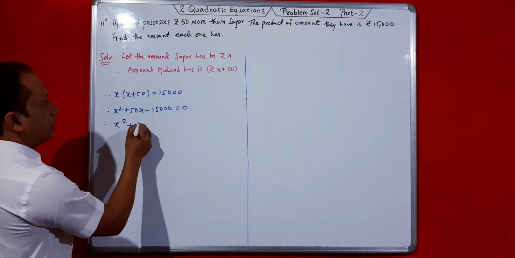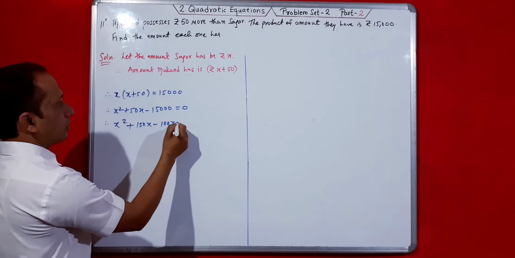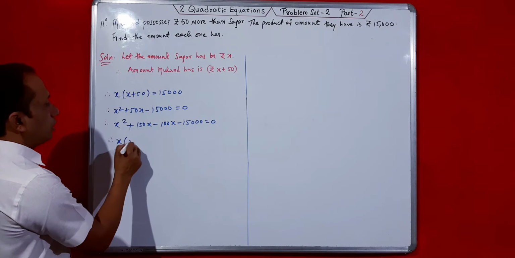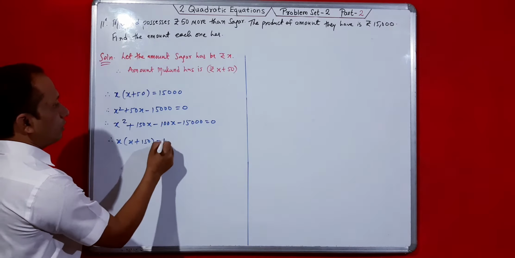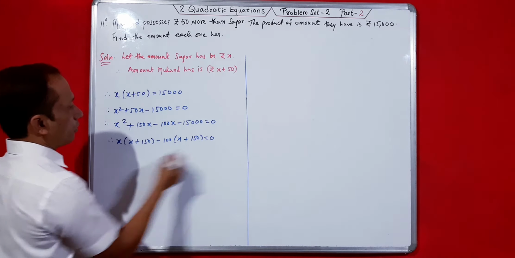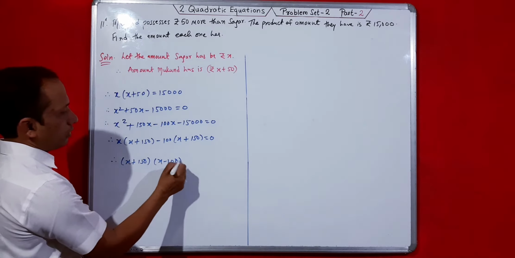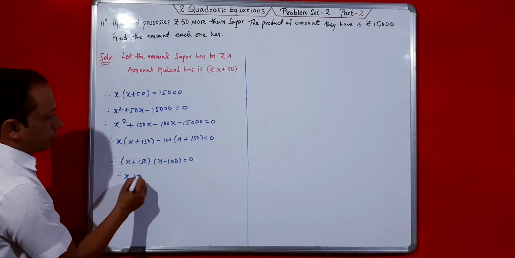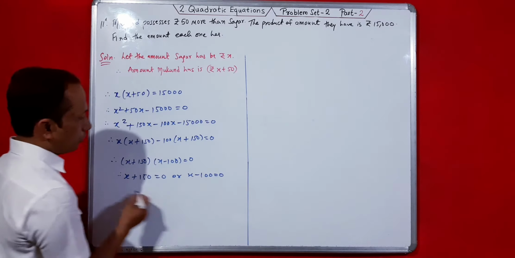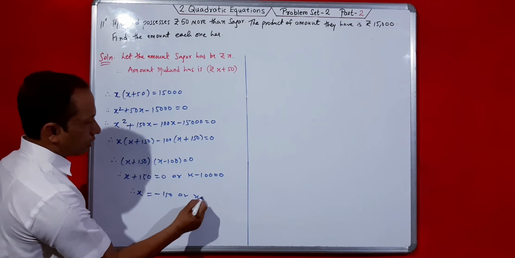So we'll take 150x minus 100x and minus 15,000. So we get x plus 150 minus 100, x plus 150 is equal to 0. Therefore x plus 150 is equal to 0 or x minus 100 is equal to 0. So x is equal to minus 150 or x is equal to 100.